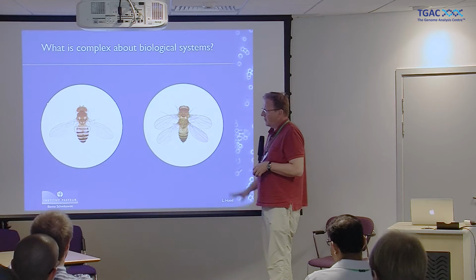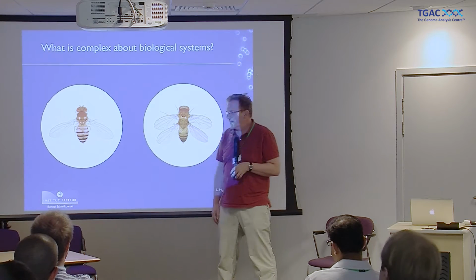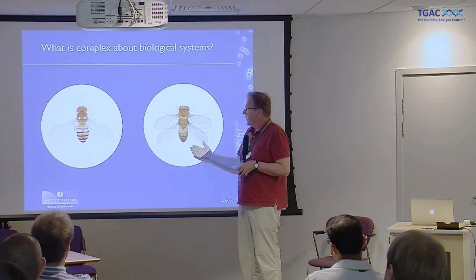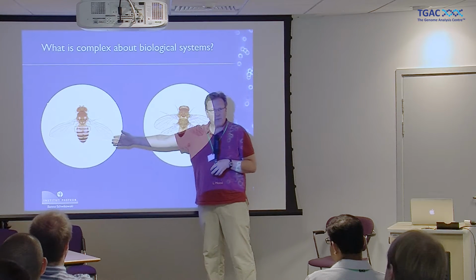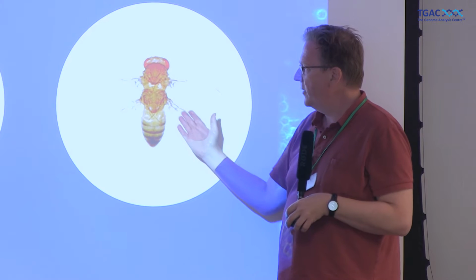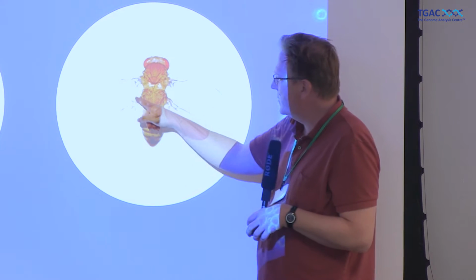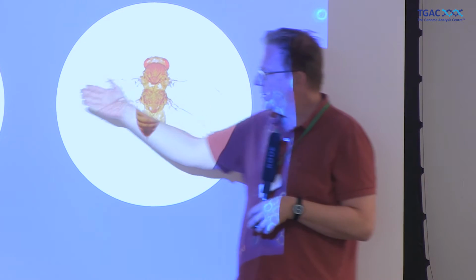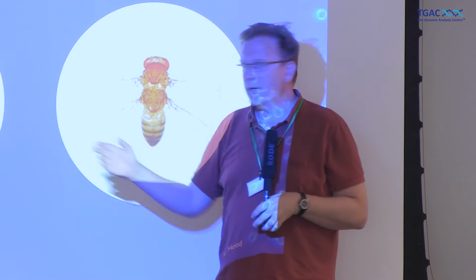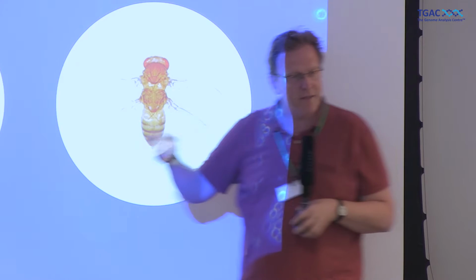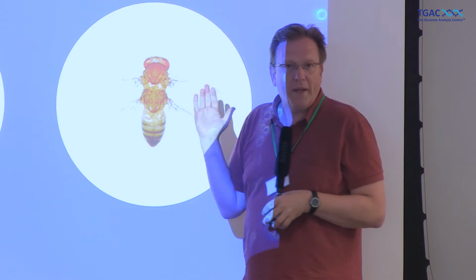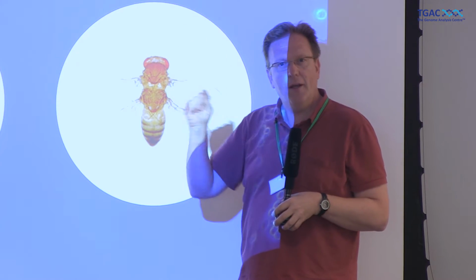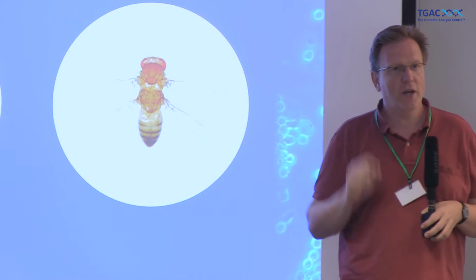This is a regular fruit fly, a lab animal for many geneticists. But a small mutation to this fruit fly will result in a fairly strong change. I don't know how good this is to see, but this is a second thorax segment. And this second thorax segment is just a result of a tiny mutation in the genome of this fly, which is one example of a tiny change at one level of this hierarchy which generates a fairly large change at another level.